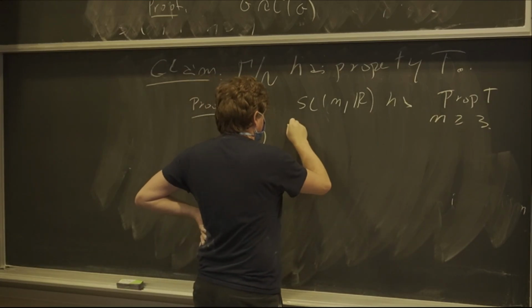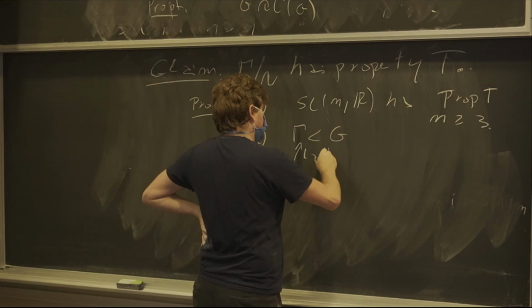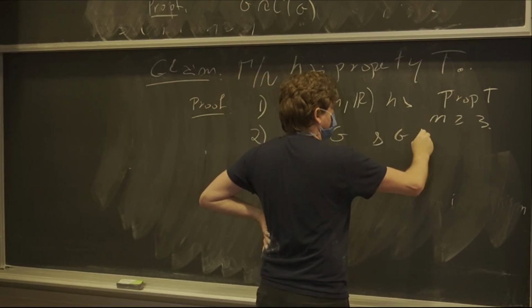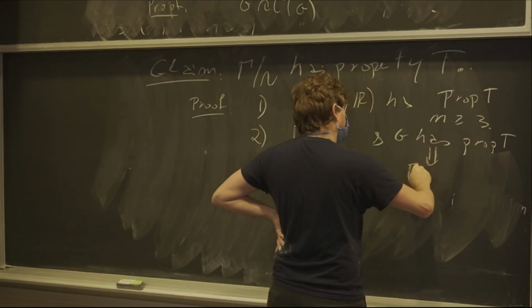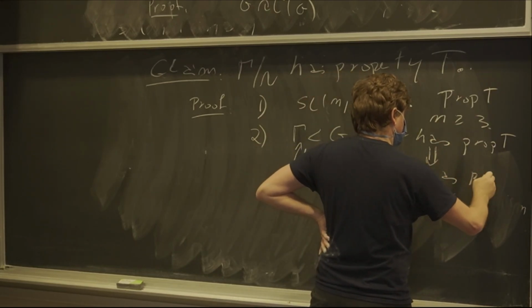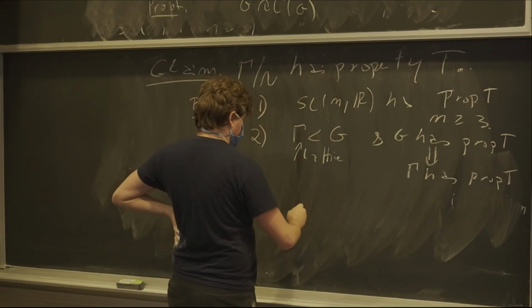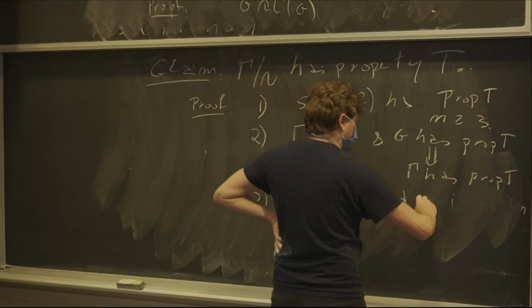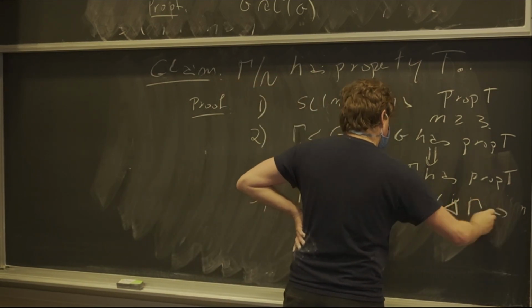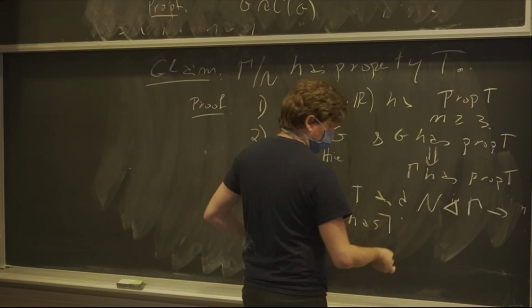Second, if gamma is a lattice in G, and G has T, then gamma has T. And third, if gamma has T and N is normal in gamma, then gamma mod N has T.